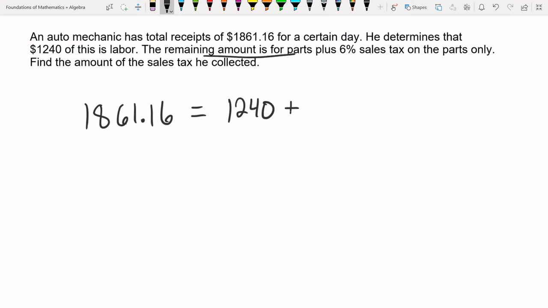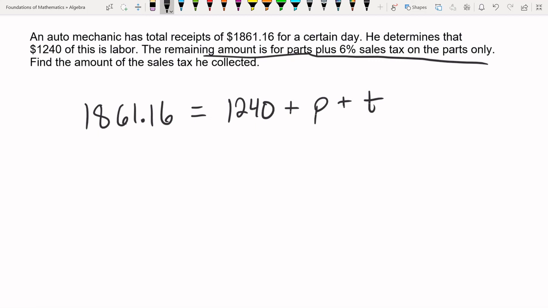The remaining amount is for parts plus the 6% sales tax on parts only. We have a parts cost plus a sales tax cost. I guess I'll use T for tax. So that's what's breaking down this 1861.16.